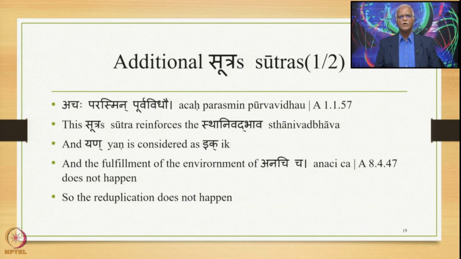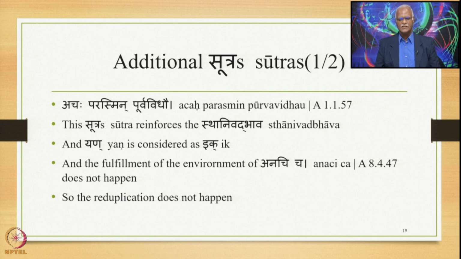But the story does not end here. There are two more additional sutras which we will not go into the details of right now, but we will just mention them over here, and they are achah parasmin purva vidhau 1157.